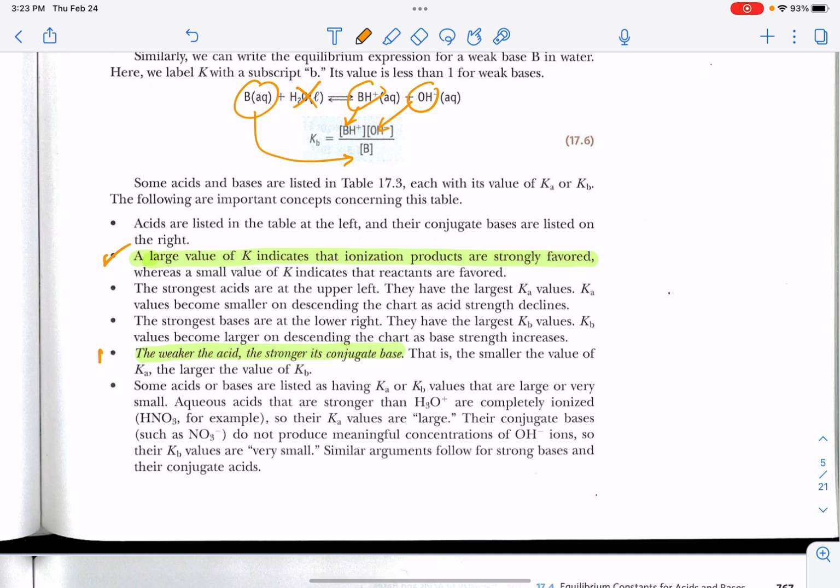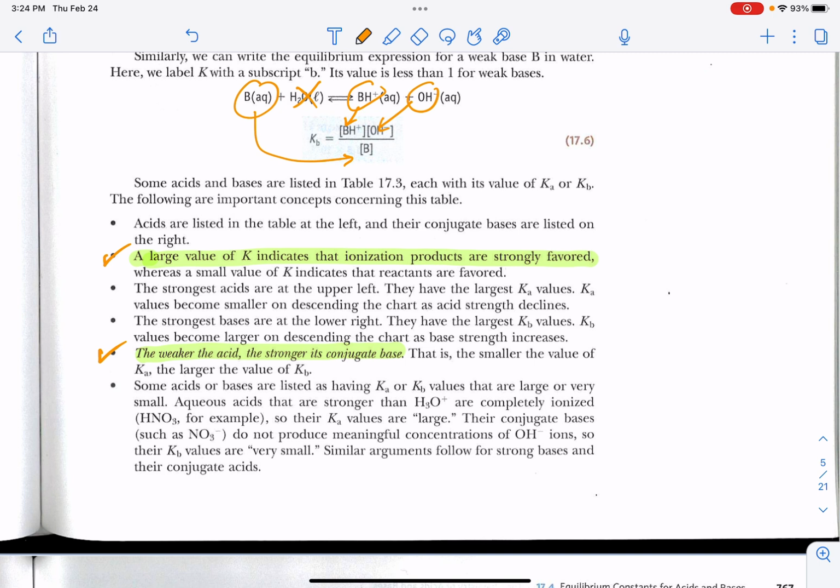Also notice that the weaker the acid, the stronger its conjugate base. The stronger the acid, the weaker its conjugate base. The stronger the base, the weaker its conjugate acid. The weaker the base, the stronger its conjugate acid, as you go from left to right in an acid-base reaction.